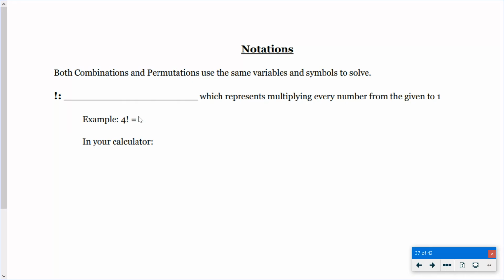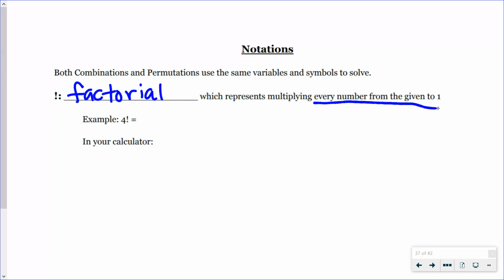So the first thing, both combinations and permutations, or these things that we're going to talk about, use these symbols to solve. The first one is an exclamation point, and it's called a factorial. And what it means is we multiply every number from the given number to 1.